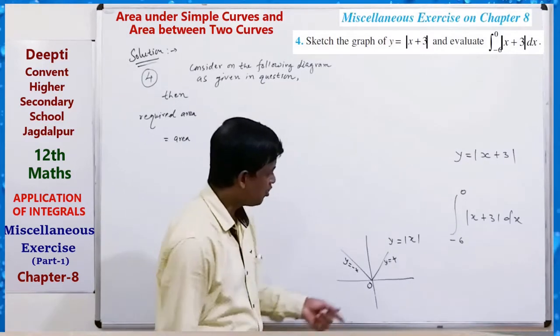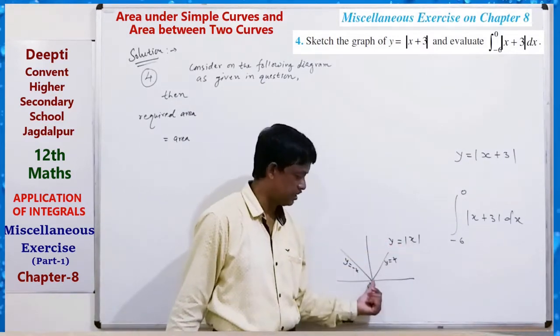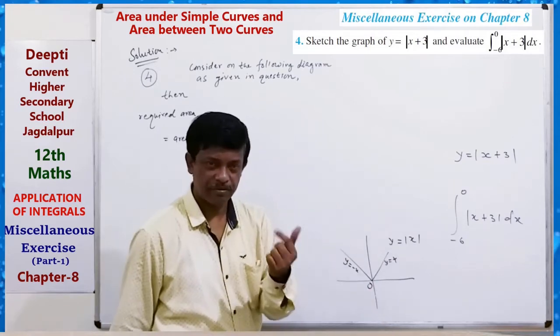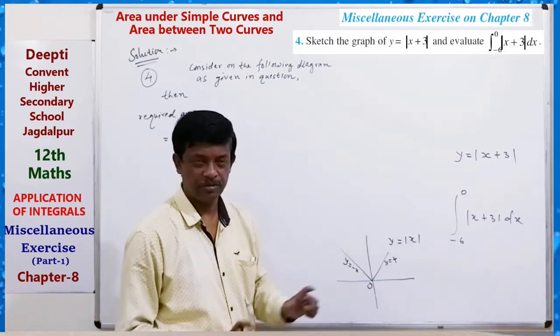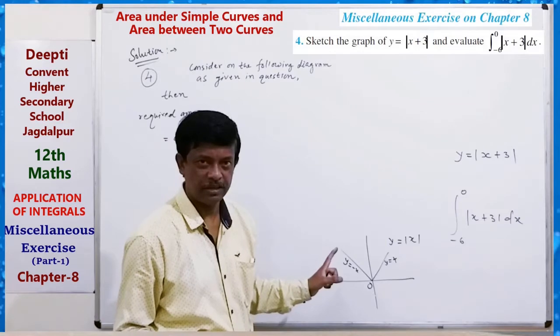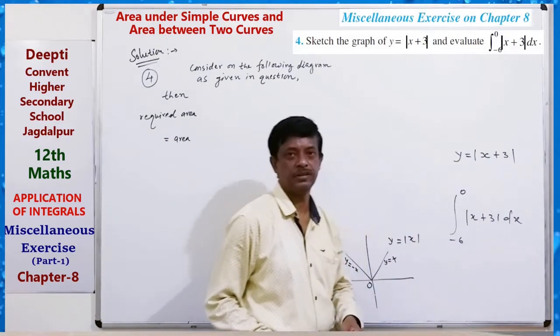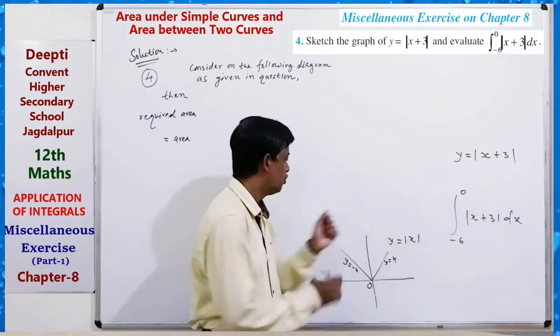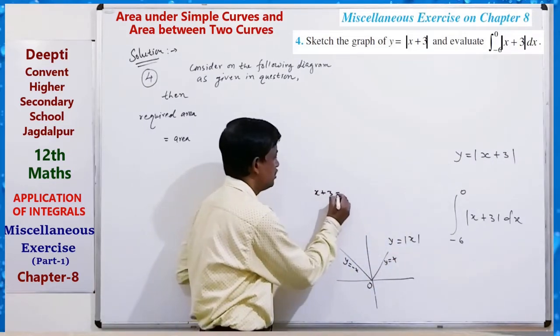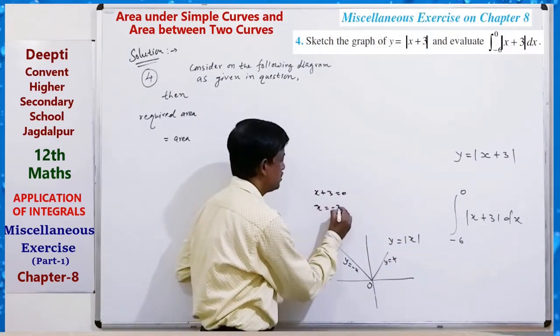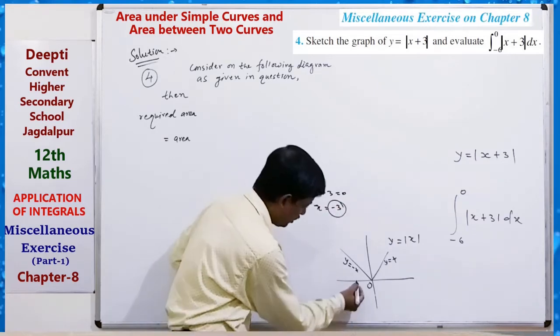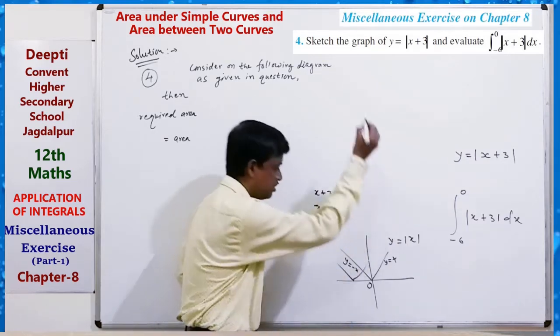For mod x equal to 0, the vertex is here. Now, seeing this, in place of mod x we have x plus 3. That is, if this equals 0, that is mod of x plus 3 equals 0, then x equals minus 3. So minus 3 is the point from where the graph will start.